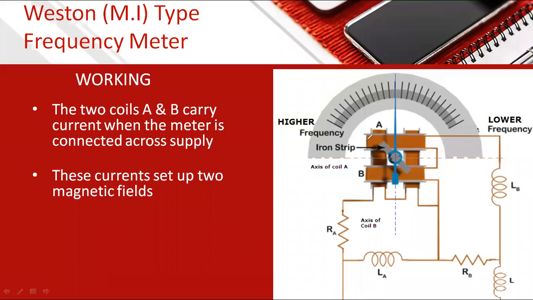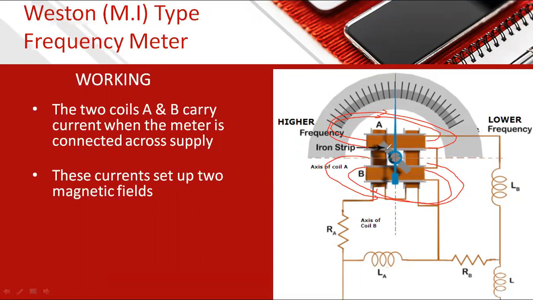For coil A, the magnetic field will be as shown in the figure. Actually, because we give alternating currents, the flux direction will get reversed. There will be flux reversals. But the soft iron piece will get aligned as shown in the figure. So this iron piece will get attracted towards the field. It is stronger at the center.